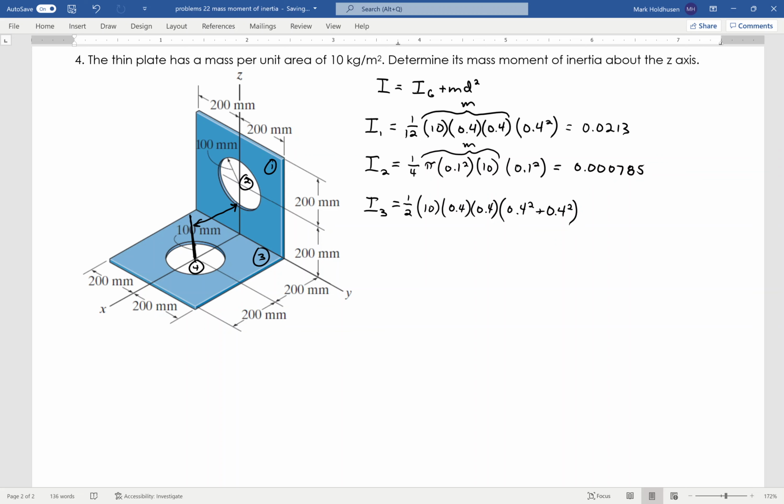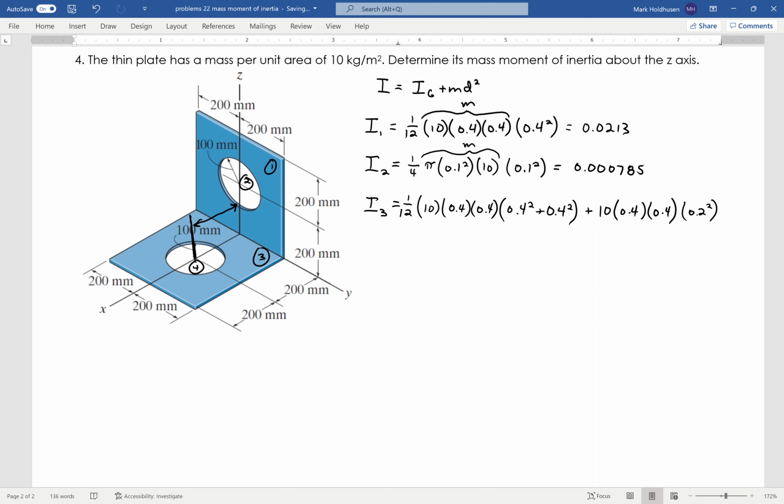Now, because of that, I have that parallel axis that I need to worry about. So its mass is 10 times 0.4 times 0.4, and its distance away is basically to the center of that plate, which is 200 squared. So again, I use the parallel axis theorem on this one. I keep forgetting that that's 1/12, okay?